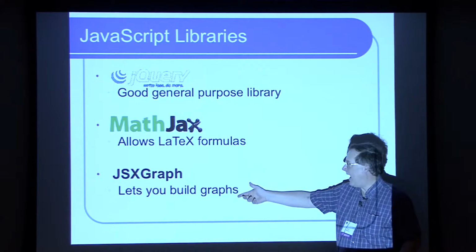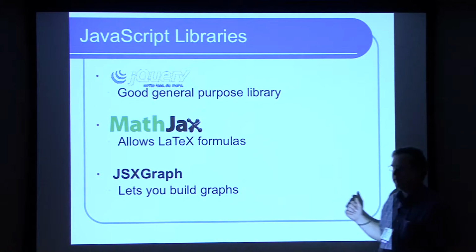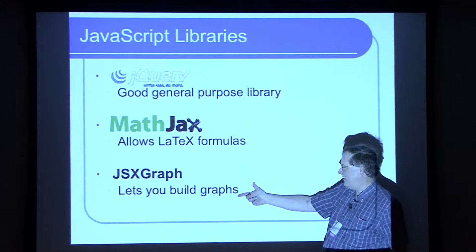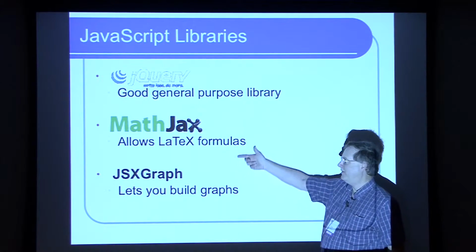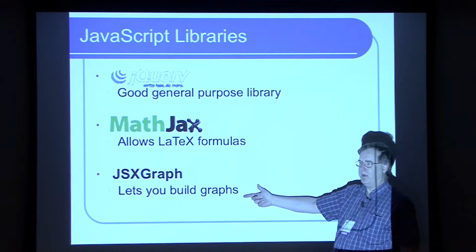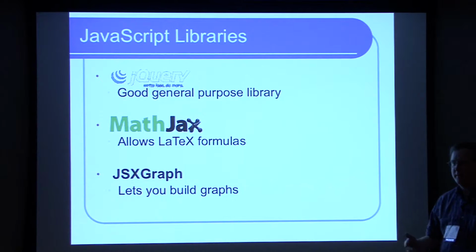JSXGraph is something that lets you build graphs of formulas fairly readily. This is nice. This is less so. This is what we are going to use for the next 5 years. This could easily get replaced next year by something that somebody comes up with that's better. But it seems to be the best thing we've got today.